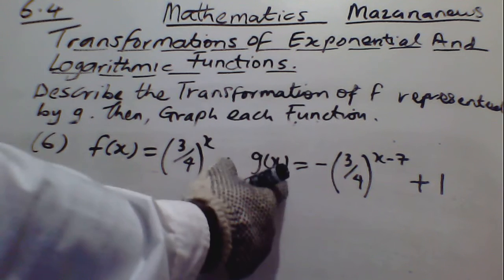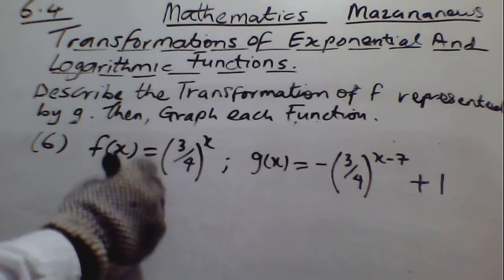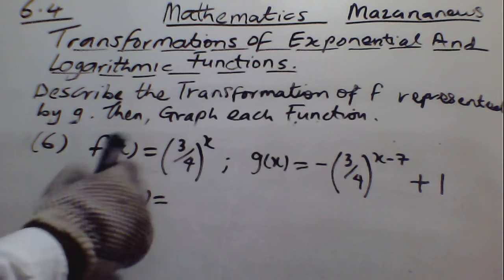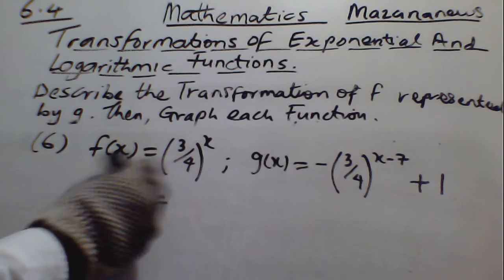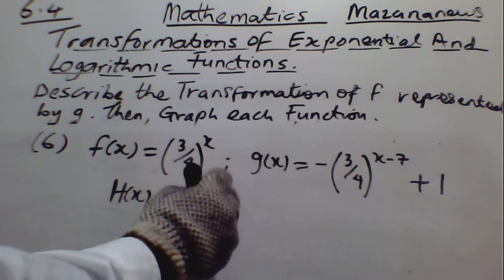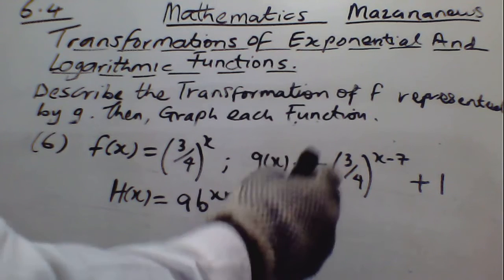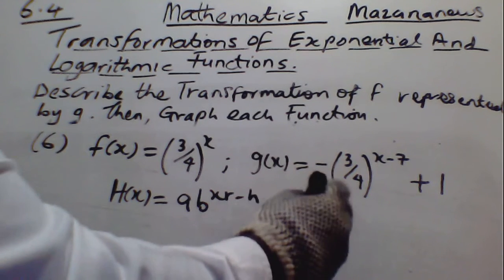So notice that g of x is in this form: g of x equals a b raised to the power x minus h, plus or minus k.